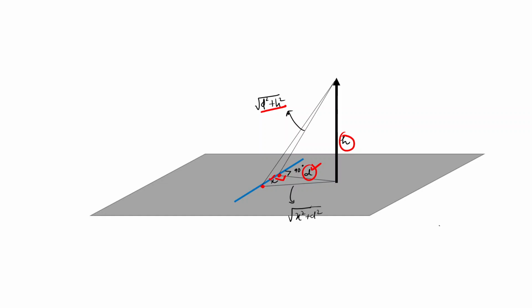So this distance will be root under x square plus d square. And from here, this is a normal to the plane, so this is going to be 90 degrees, this is h, this is x square plus d square. So this length, let's say this AB, is going to be root under x square plus d square plus h square using Pythagoras theorem. And now you look at this, let's say this point is M.